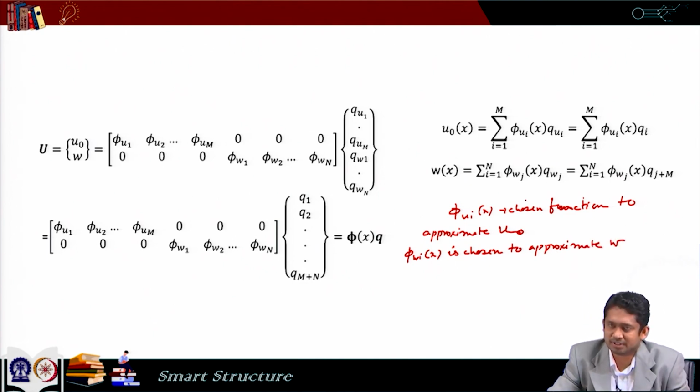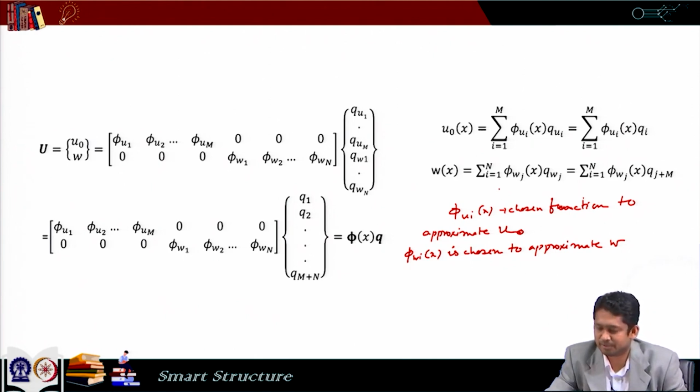If we can choose in such a way that they satisfy both essential and natural boundary conditions, I mean the geometric and force boundary condition, that is good, but at the bare minimum they should satisfy the essential boundary conditions.